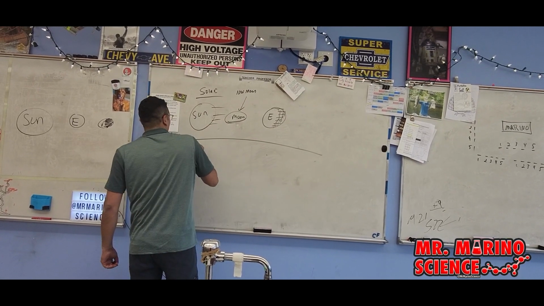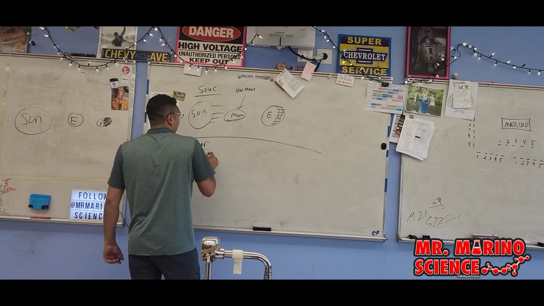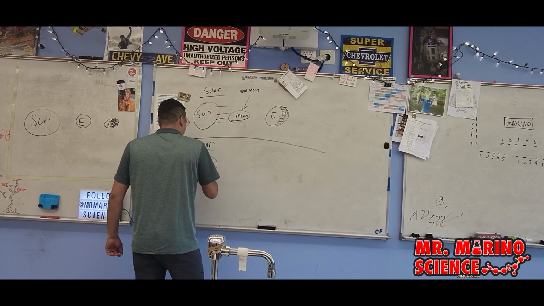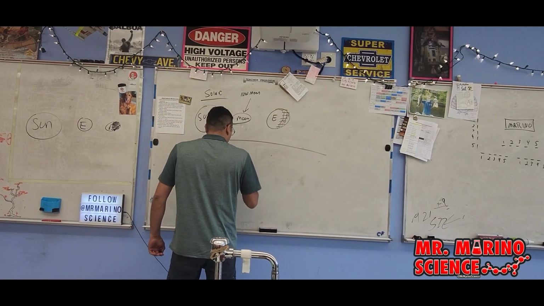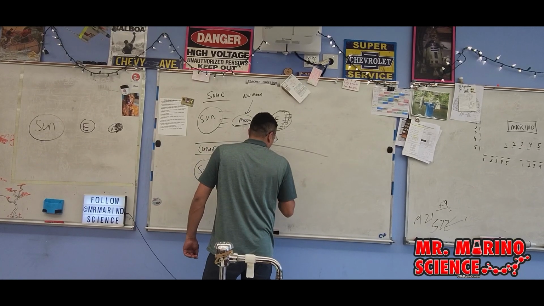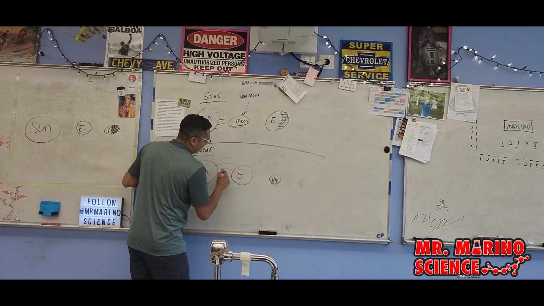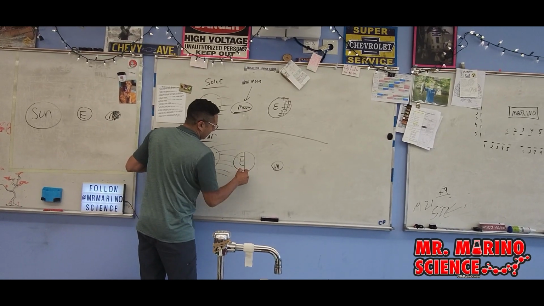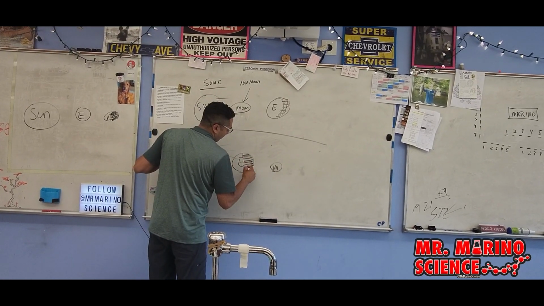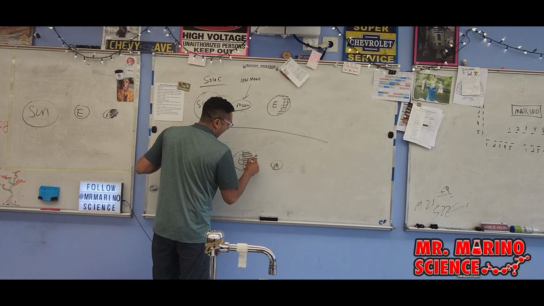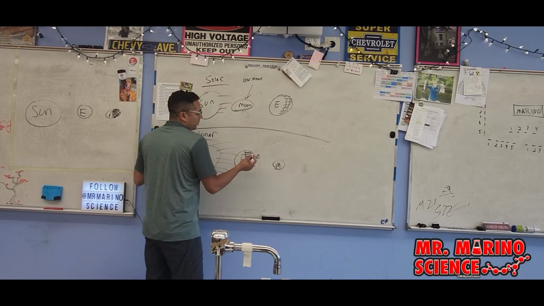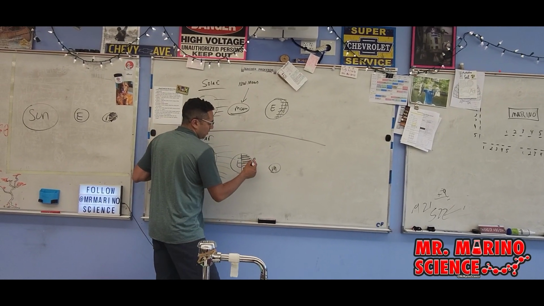For a lunar eclipse, we have the sun, we have the earth, and then we have the moon. What happens here is we have the sun's light. People who experience this are over here. It's the nighttime for them. And we end up with 2 kinds of shadows, especially in this situation.